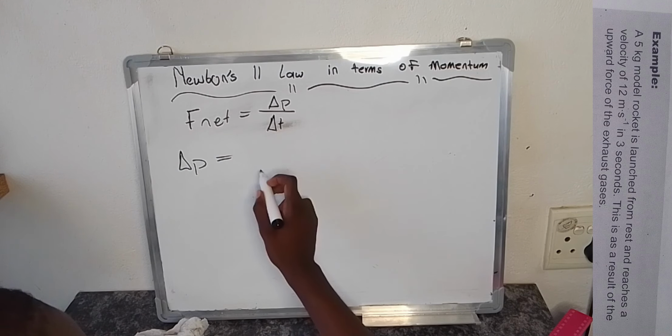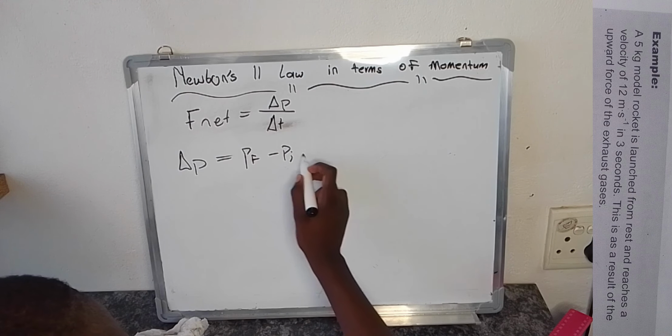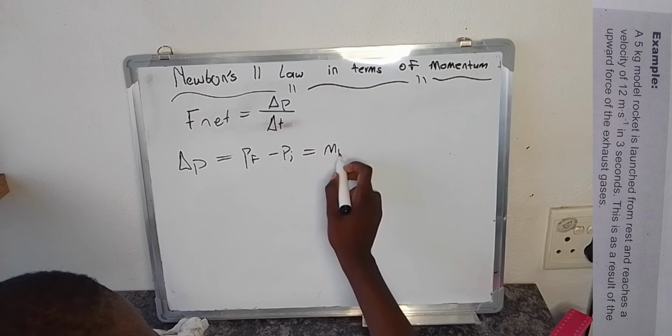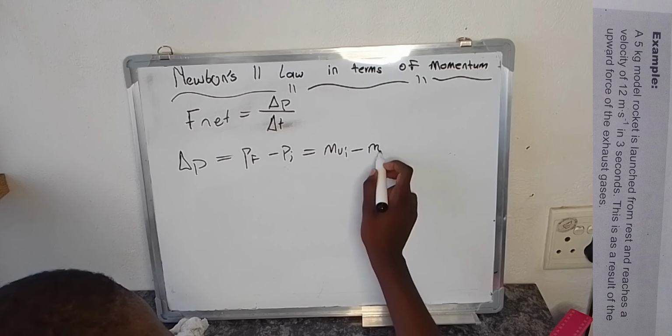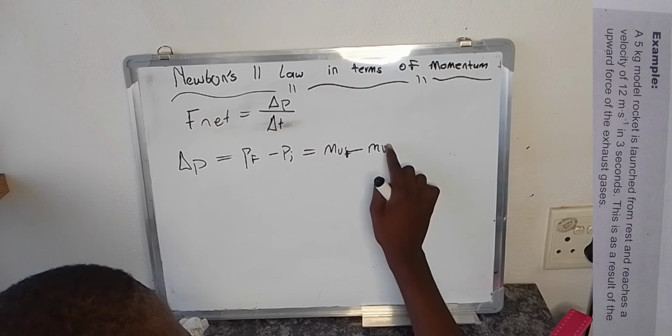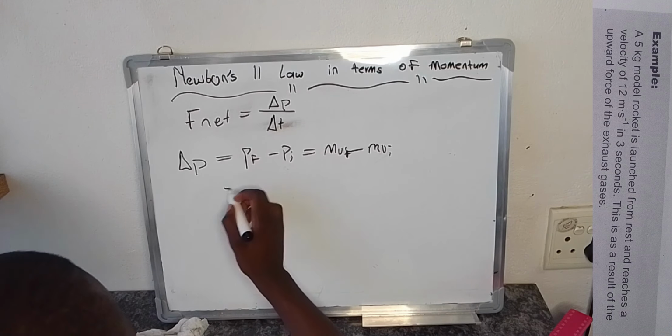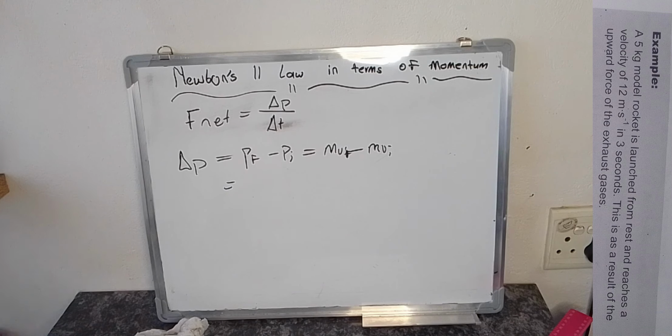The formula for change in momentum is p final minus p initial, or m v final minus m v initial. Now let's substitute. We are not given the momentum, but we are given masses and velocities. So now let's solve.